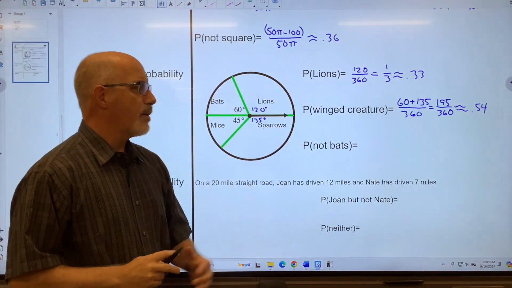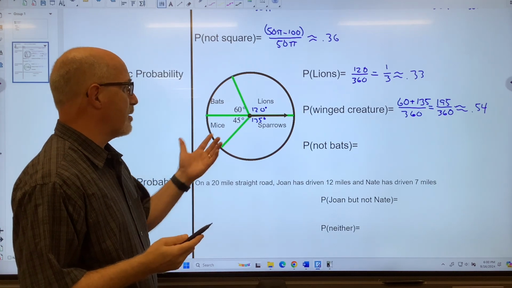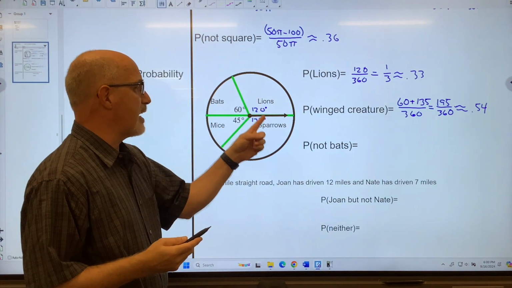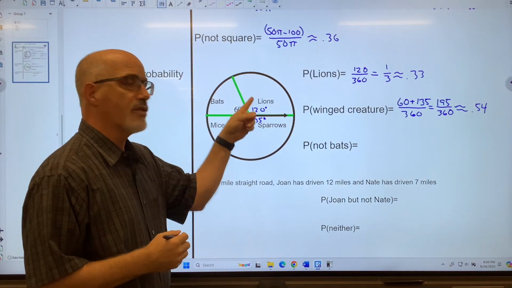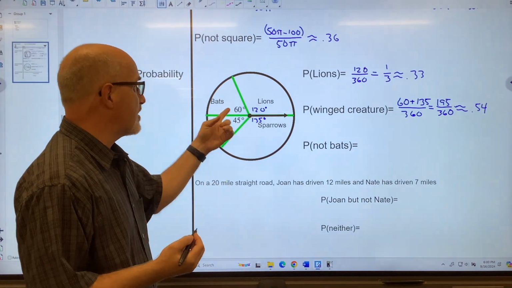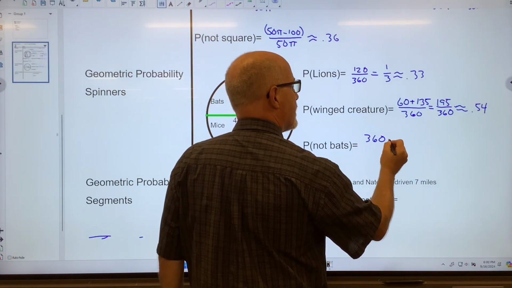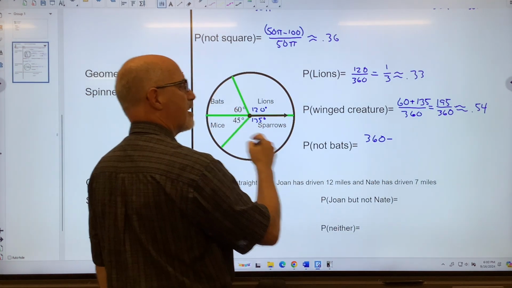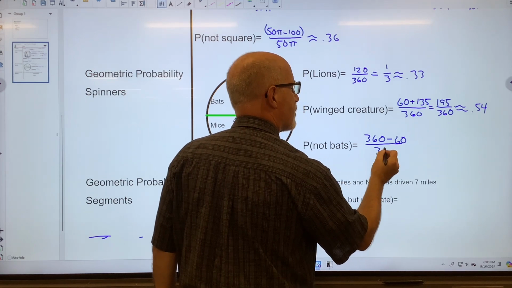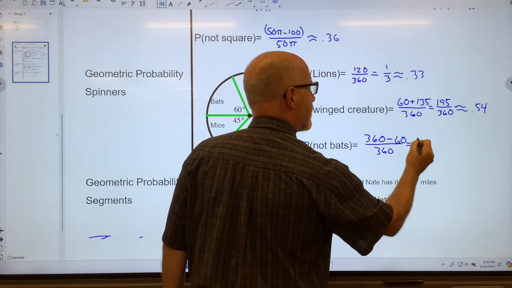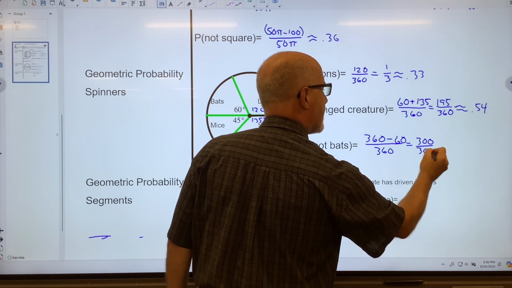All right, now we want to do the probability of not bats. Now, what does that mean? Well, the things that are not bats are lions, sparrows, and mice. So you could just add up those if you want to, or we could say not bats would be the entire 360 and subtract off the 60 degrees, which are bats, and put that over 360. So I'm going to get 300 over 360.